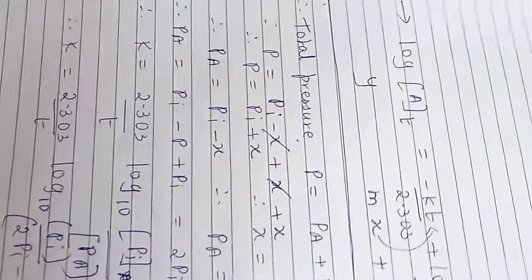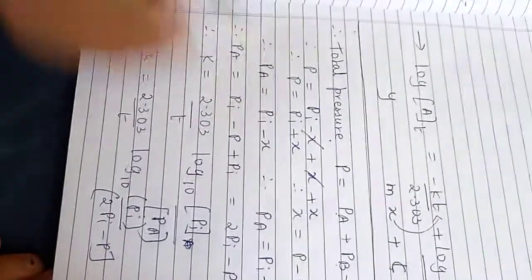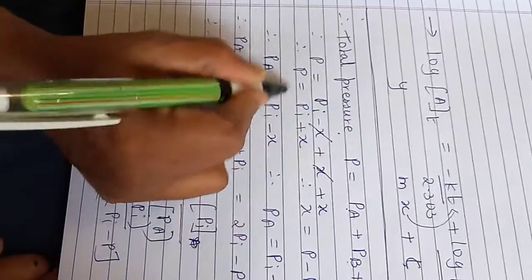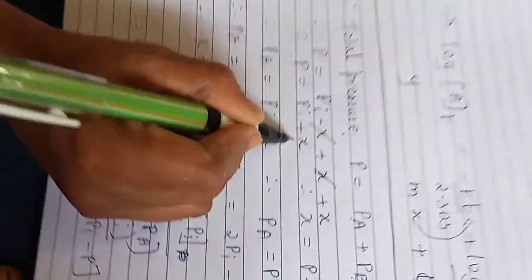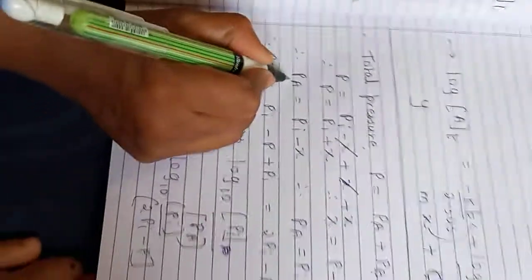Total pressure is what? Pressure of reactants plus product, that is A plus B plus C. That is P_i minus x, B is x, C is x. x cancels. P is equal to P_i plus x. x is equal to P minus P_i. Therefore pressure of A is what?